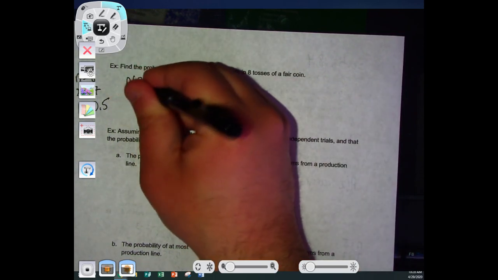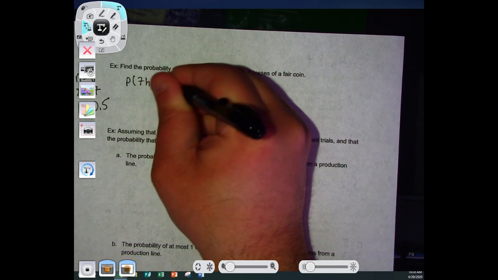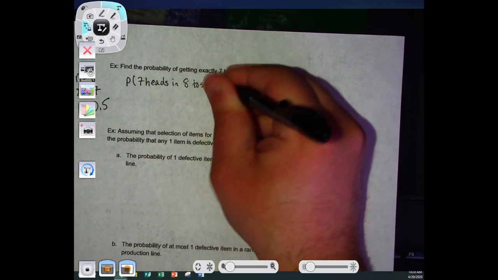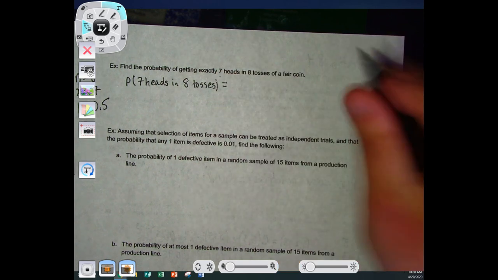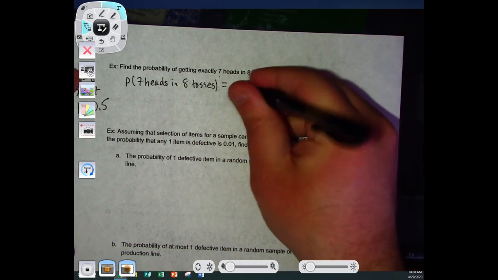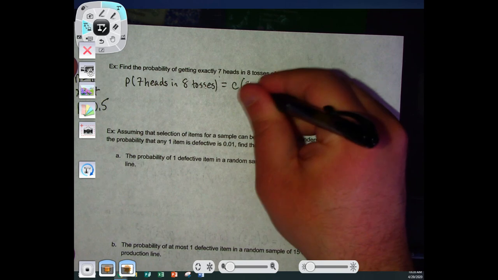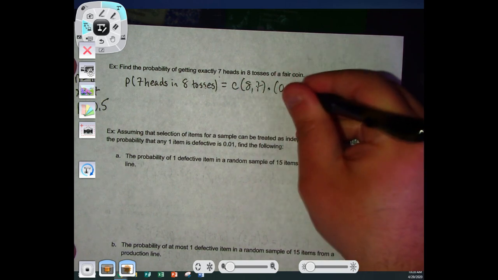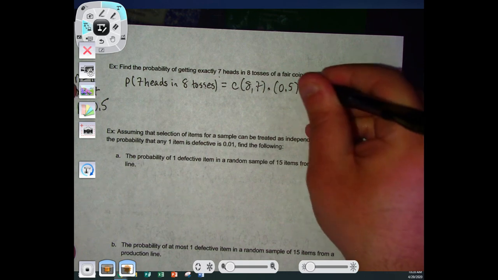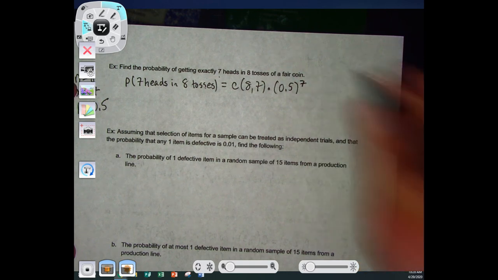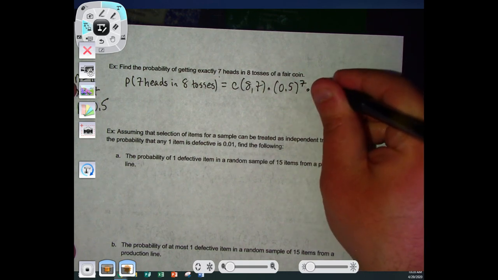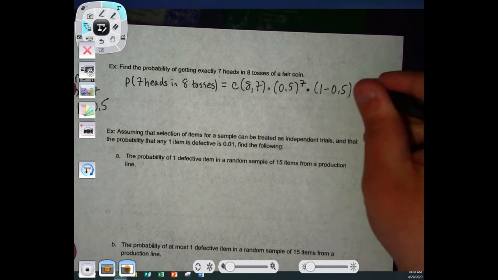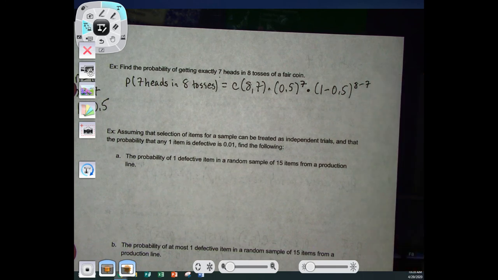So the probability of 7 heads in 8 tosses is equal to the combination of 8 choose 7 times the probability of getting heads to the x power times 1 minus the probability of not getting heads to the 8 minus 7 power.